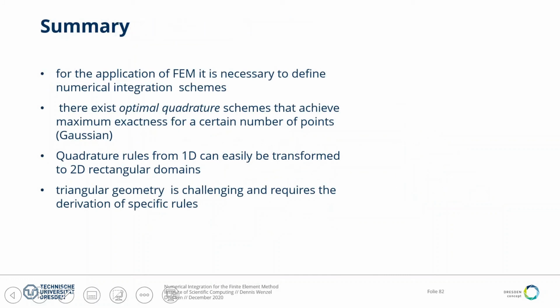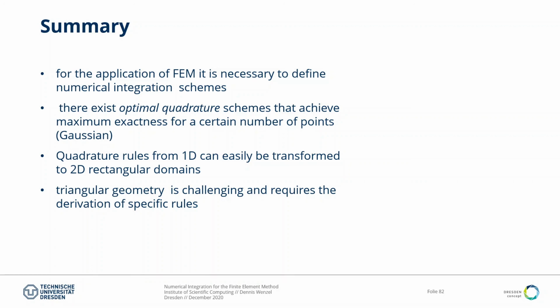Now, short summary. For the application of FEM, it is necessary to define numerical integration schemes. We've seen that integrals are crucial to this whole scheme. So we need to be able to compute them, and we have also seen that it doesn't really make sense to compute integrals exactly because the whole method is an approximation, so it's not necessary.